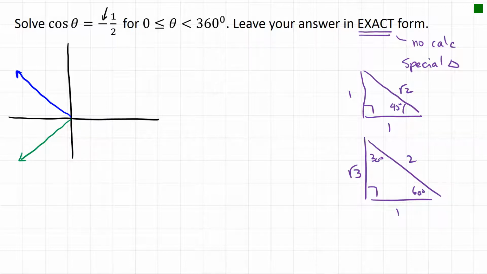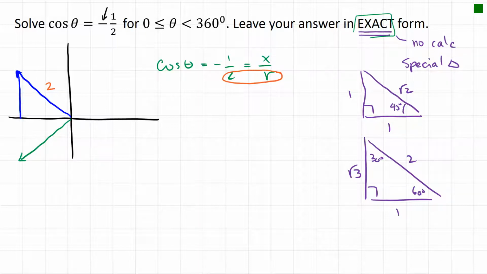The next step is we are given a ratio of 1/2, and that should trigger the fact that it's a special triangle in addition to this exact word. So remember, the cosine of theta is equal to -1/2, which is x over r. And that allows us to establish that the radius is 2, and the x value needs to be -1.